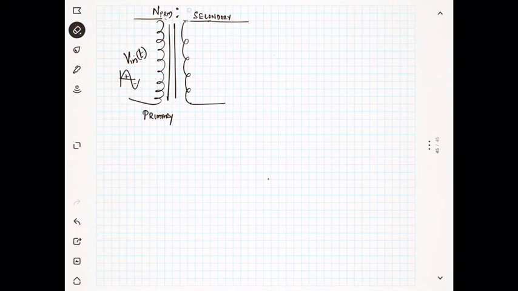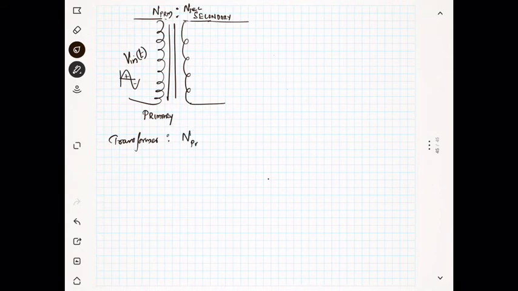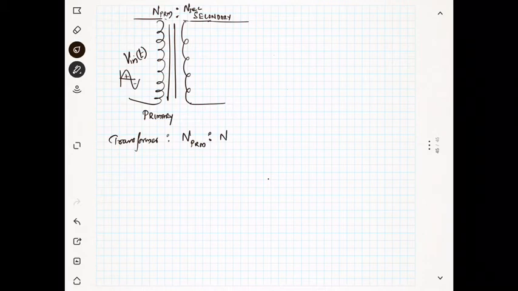So we call this the secondary windings. The transformer is usually represented with a ratio of the number of turns in the primary to the number of turns in the secondary.